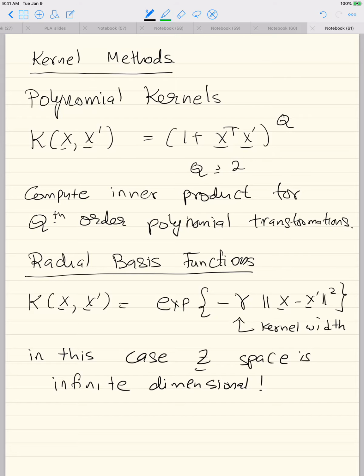So if we take a simple case, the case when x is one dimensional, so d is 1, so x is now a scalar. The kernel function here will be e to the minus gamma of x minus x prime squared.